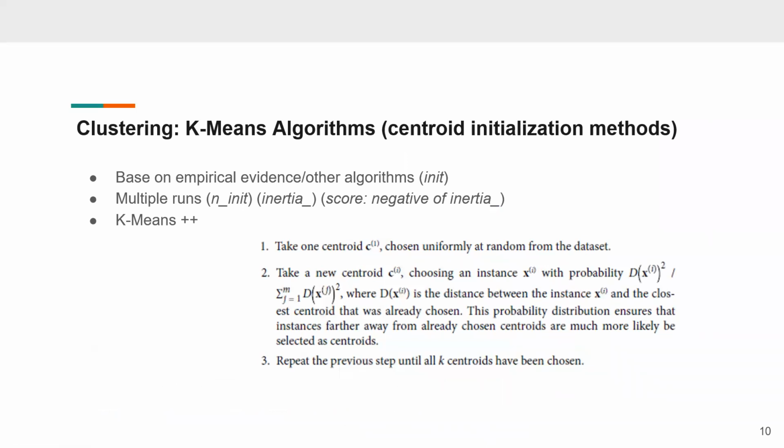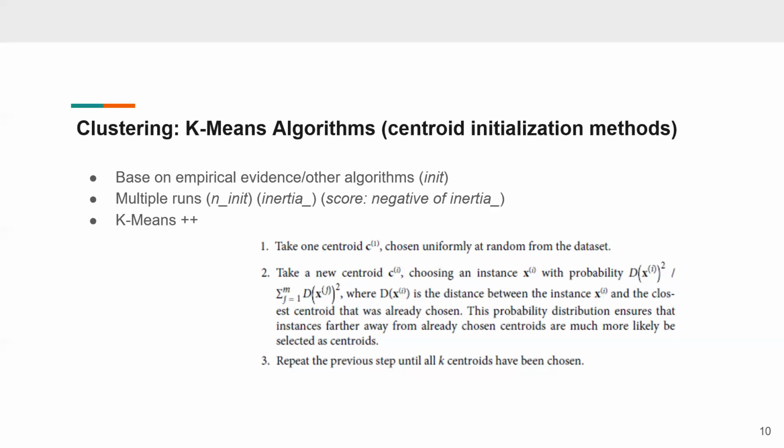So there are multiple centroid initialization methods that can help you get away from random initialization. One of them, number one, based on empirical evidence or other algorithms, is called innate. So you're trying to see if you are able to leverage some other information to help you. That's one way.